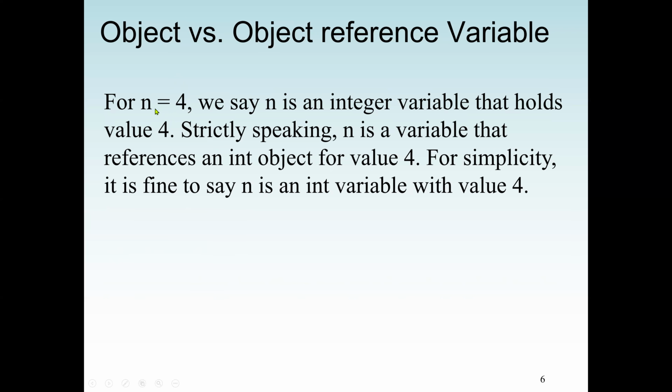So n is a variable that references an int object for the value of 4. For simplicity, we normally would say that n is an int variable with a value of 4. The equal sign here means assignment. So we assign 4 to the variable n. And since 4 is an int, the type of the variable n will be int, and the value will be 4.